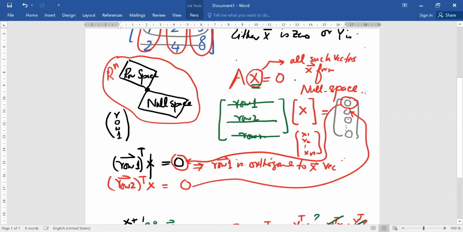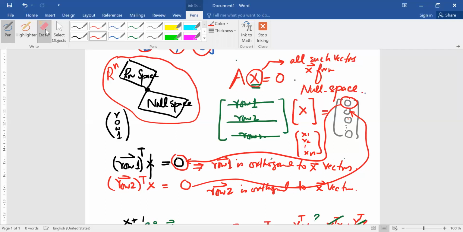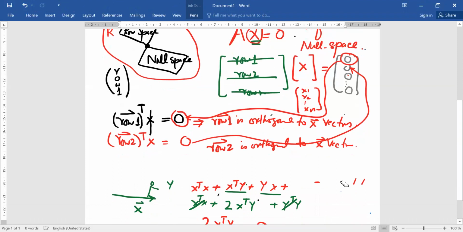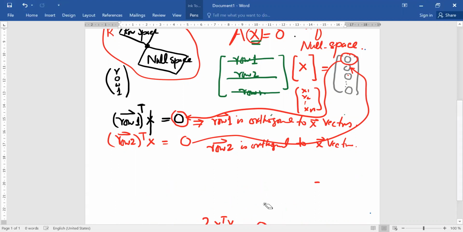What is X? X is a null space vector. Similarly, the second row implies that the row 2 vector is orthogonal to X vector. Following the same pattern, I can make a big claim here: all the rows of A are orthogonal to X.